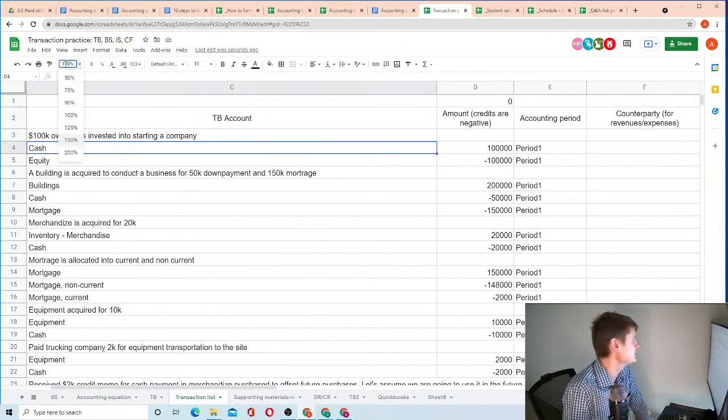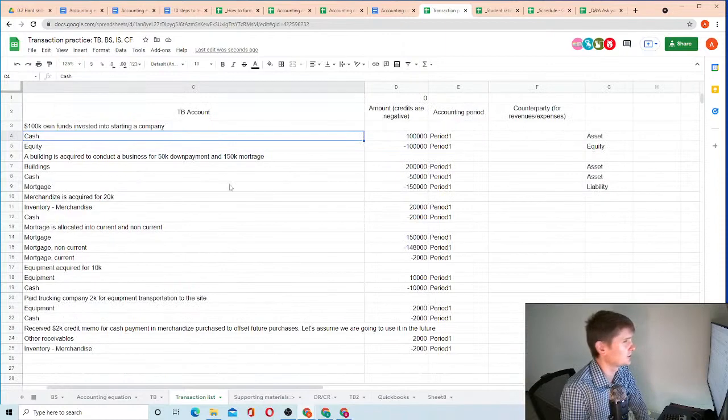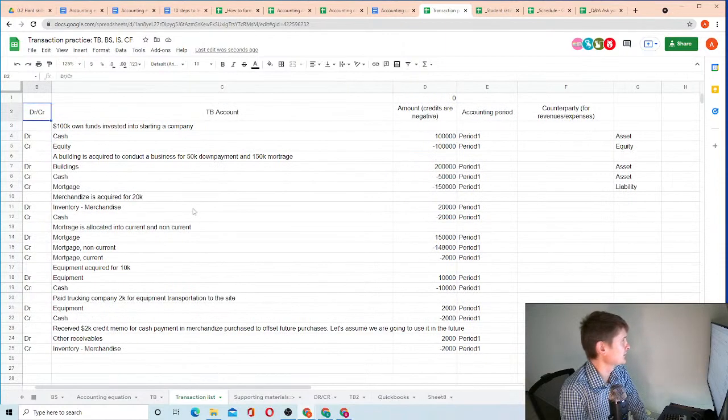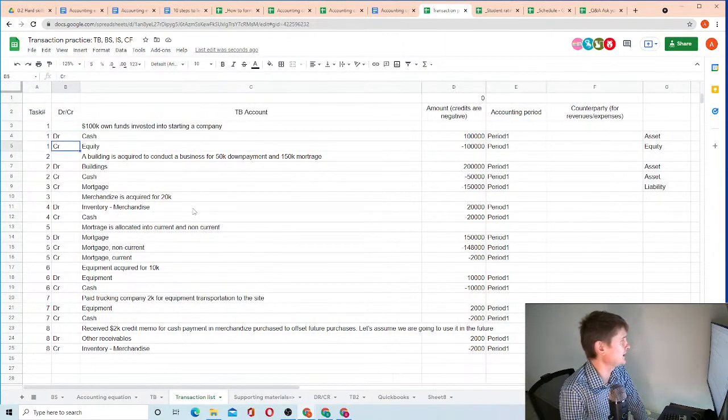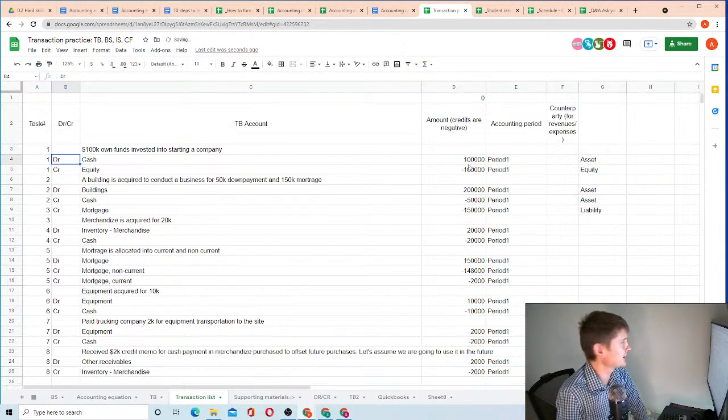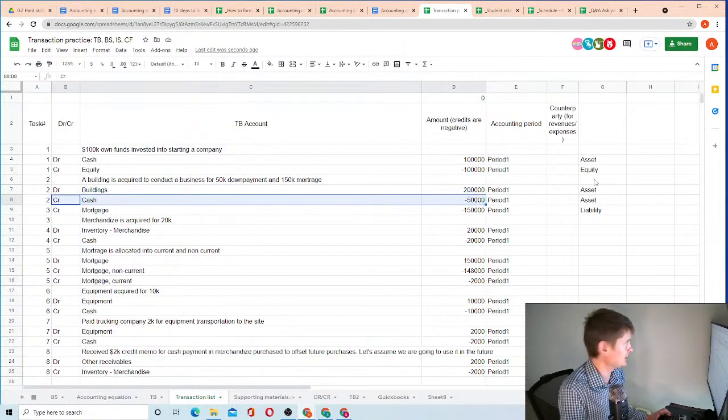In column B we have debits and credits, and we already defined that cash is an asset, and it increased in our first operation, so we debited cash. And in our second operation we paid cash to someone, so it decreased. And if cash decreased, it's a credit.